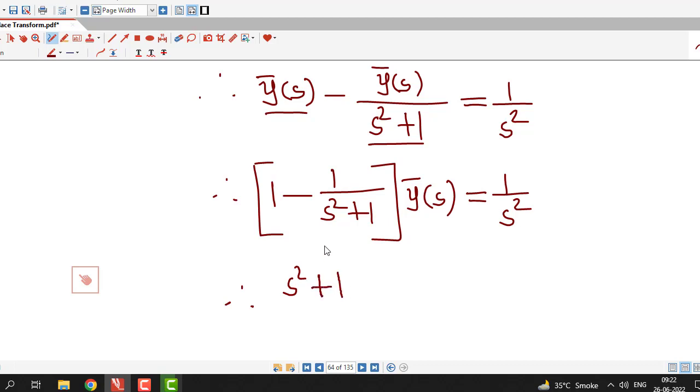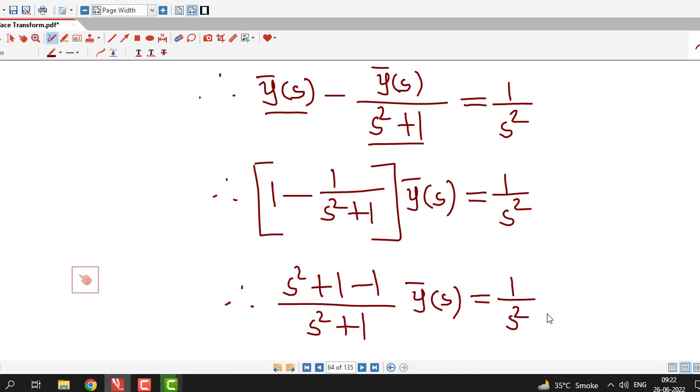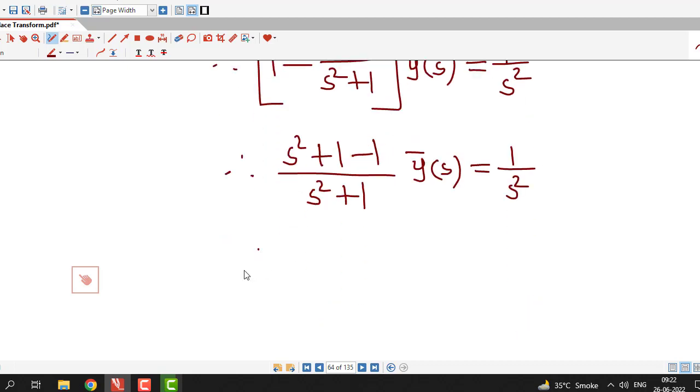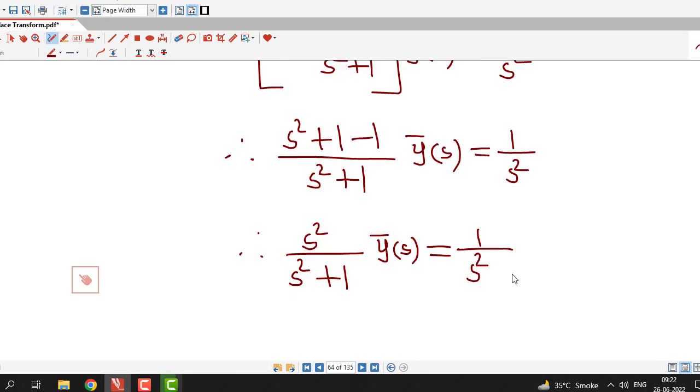This is s square plus 1 minus 1 divided by s square plus 1, into y bar s, equal to 1 divided by s square, and this is s square divided by s square plus 1, into y bar s, equal to 1 divided by s square.